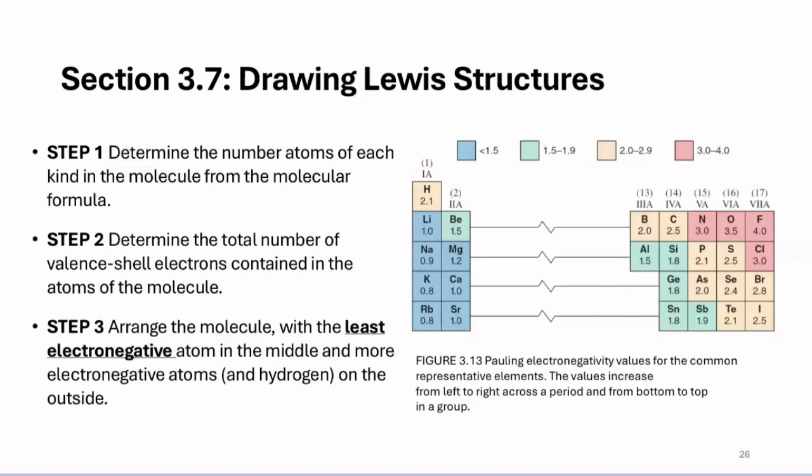In step 3, we are going to arrange our molecule, in which in the middle of the molecule, we're going to put our least electronegative atom. We can see specifically that there is a chart in which it illustrates the electronegativity for the atoms. And remember, the least electronegative is always our central atom in Lewis structures.